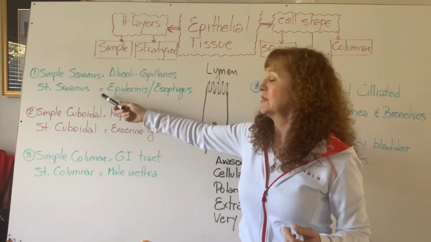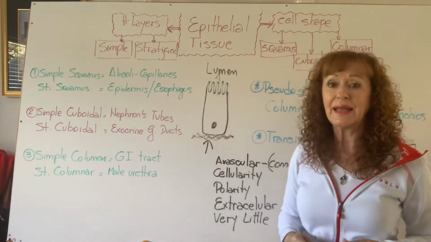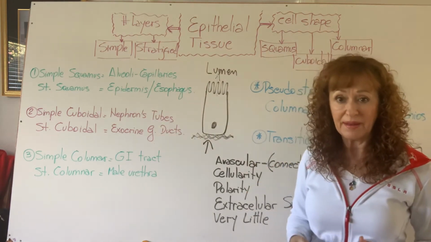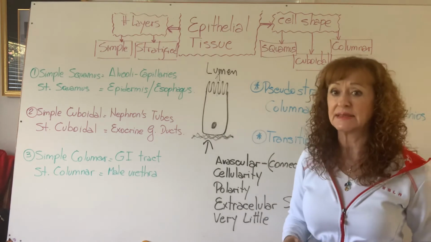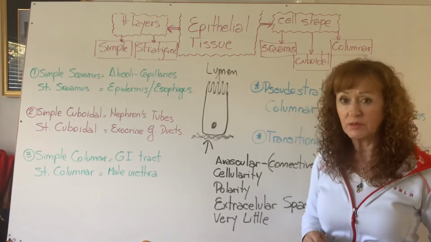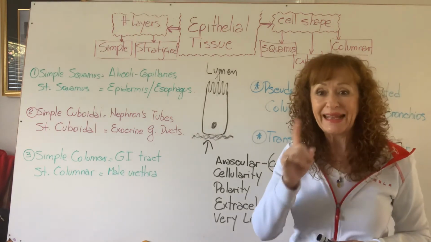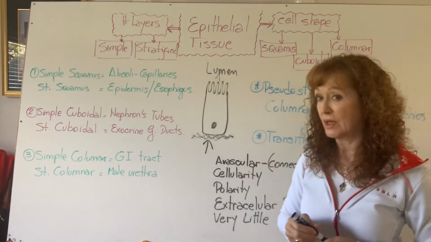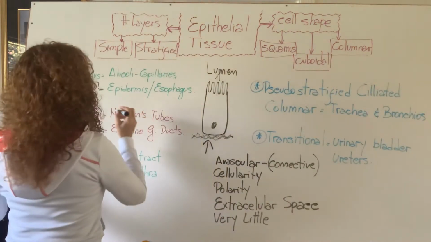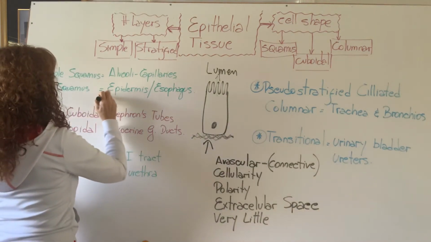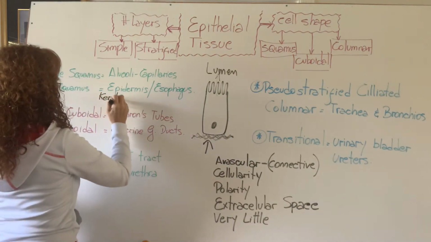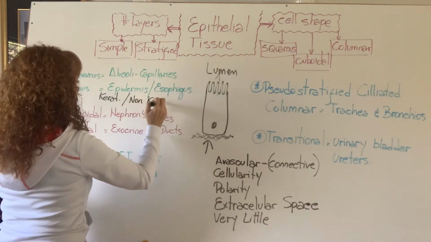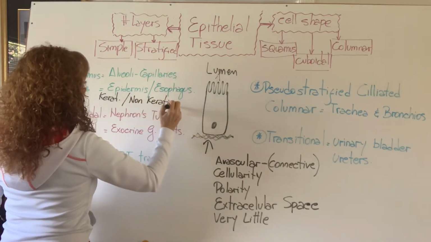Try to get back to the epidermis, because it's a stratified squamous epithelium, but it's keratinized. And in your book, you read, and I have to write down over here, that the stratified squamous could be keratinized or non-keratinized.